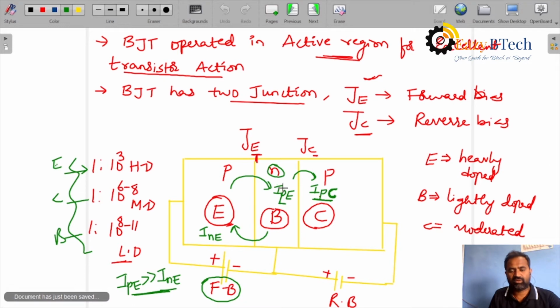Okay. Now lesser recombination takes place, and the remaining enter the collector region in the form of current IPC.